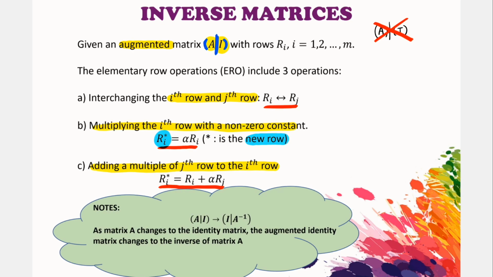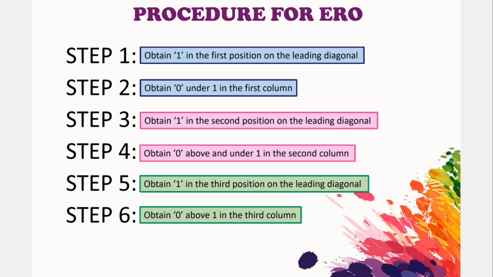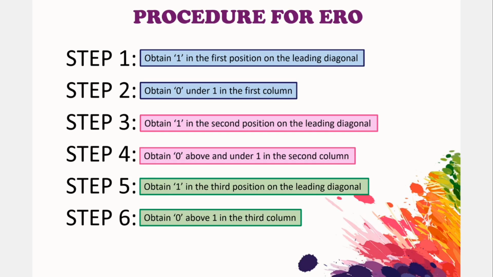The process of ERO changes our A into I, and the identity matrix will be changed into the inverse matrix. Now let's take a look at the procedure for ERO. There are 6 steps where we are going to change the entries of A into the identity matrix column by column.